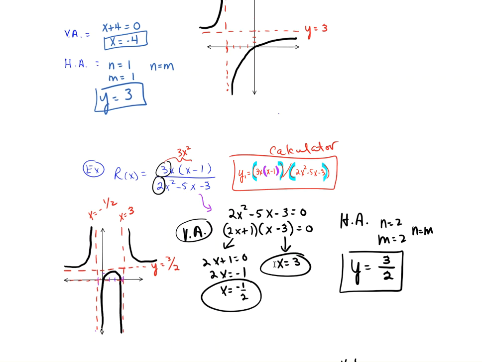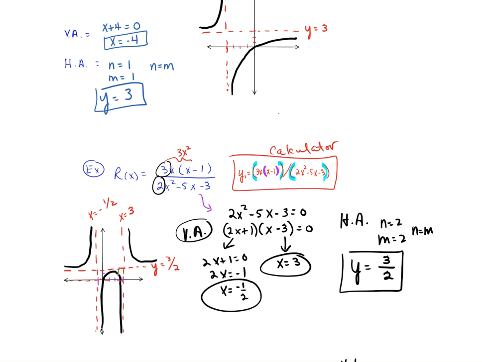So we have two vertical asymptotes. When we look at the degree, this is actually 3x squared, and this is 2x squared. So our degrees are the same, n equals m. And so it's y equals leading coefficient over leading coefficient. So we have y equals 3/2.